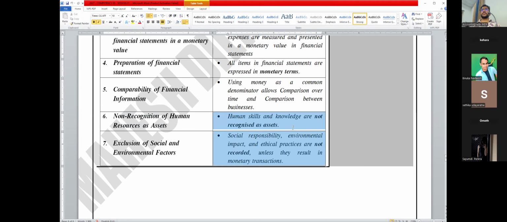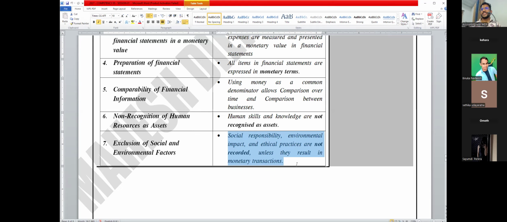Social responsibility, environmental impact, and ethical practices are not recorded unless they result in monetary transactions. Why? You can't substitute a value for that. You can record the value only if you can come up with a rupee value for that transaction.